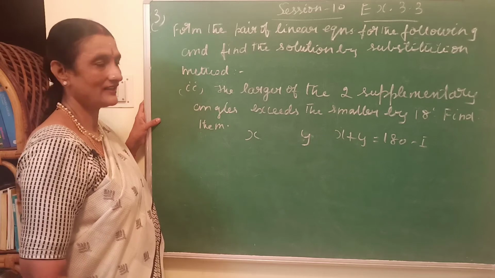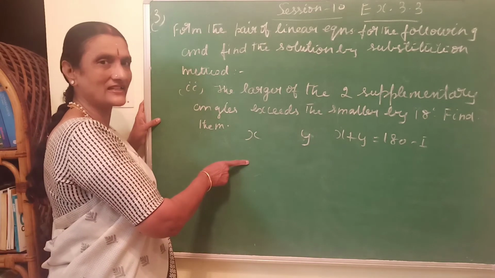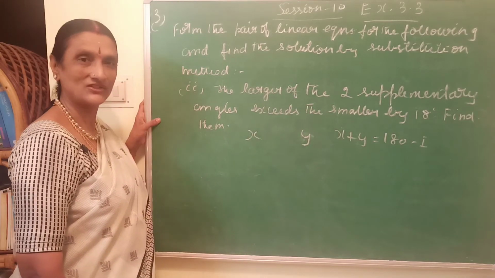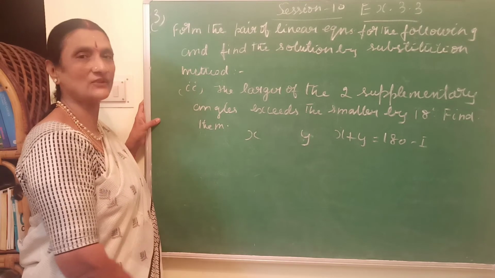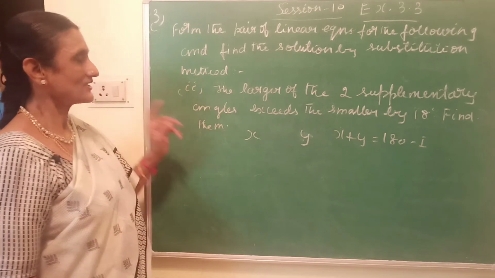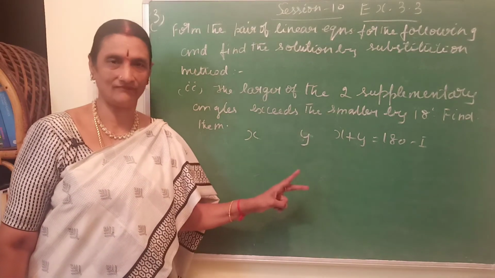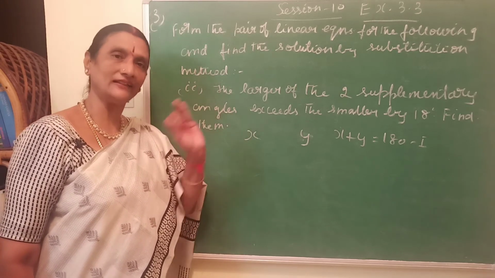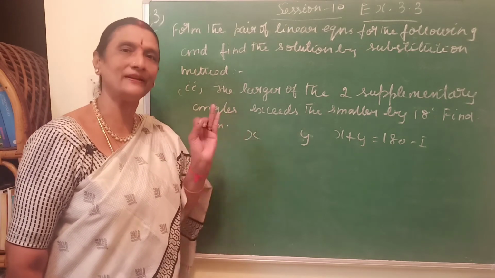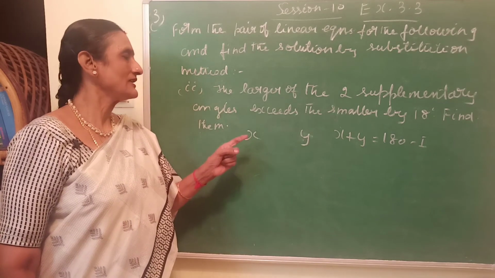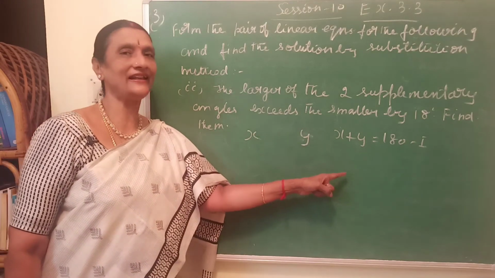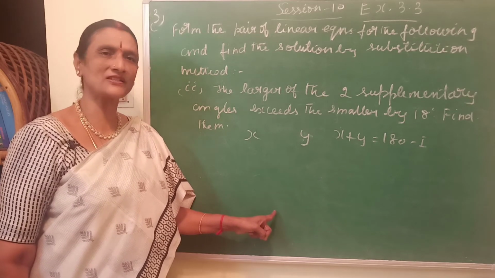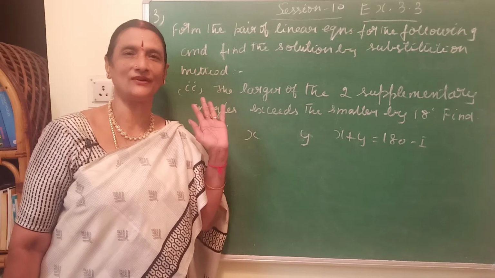If you choose x as the larger angle, x has to be y plus 18. So x minus y equals 18 is one equation you will get. Even though all 3 are the same, the formation will come like this. Is it clear to you? So y plus 18 gives you x, that is also possible. The third possibility is x minus y is equal to 18.